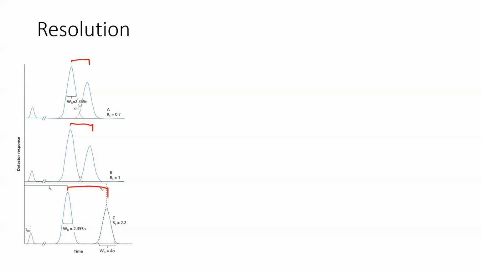Okay, and so there's a couple ways to think about resolution, but the most common is to take something called the full width at the half maximum, FWHM, full width at half max. That's what this line here is indicating. At half that peak height, we're going to take the whole width of our peak, right?